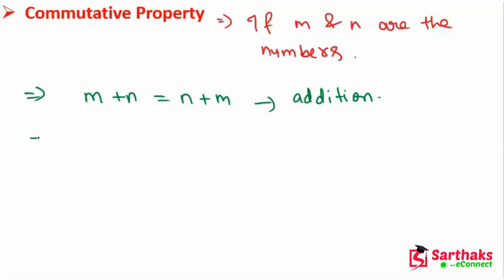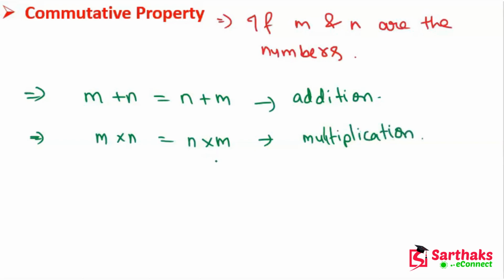Now in the case of multiplication, if we multiply m into n, or n into m, again the result will be the same. This is for multiplication. I hope you understand these things.